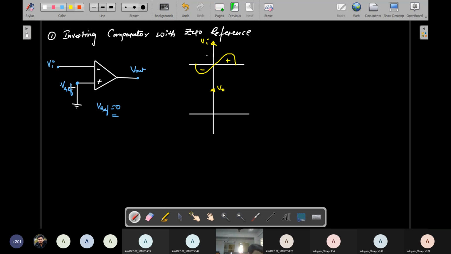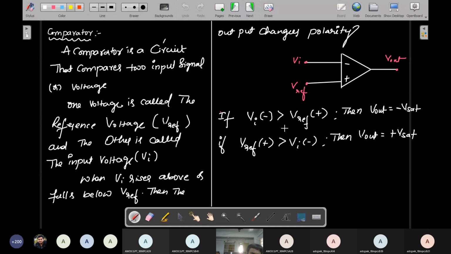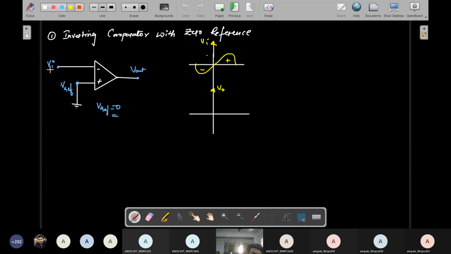If the reference voltage is 0, and this is the Vi voltage with this polarity, let me see the conditions once again. If the input voltage is greater than the reference voltage, then the output is negative saturation. In the first condition, Vi is greater than V reference, because V reference is 0 volts and Vi is the input voltage.